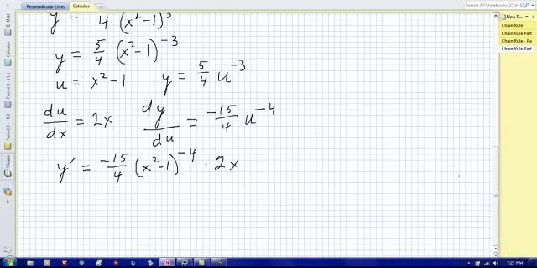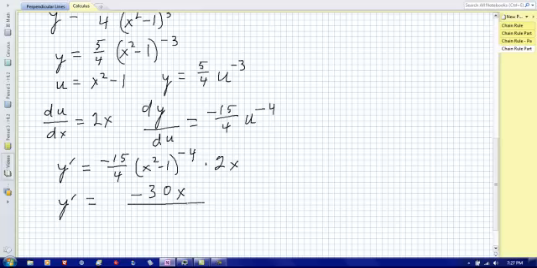Now then, this negative 15 is in the numerator, the 2x is in the numerator, 4 is in the denominator, and this negative exponent makes this in the denominator. So let's put the parts where they belong. So I got negative 30x all over 4 times (x squared minus 1) to the 4th power.